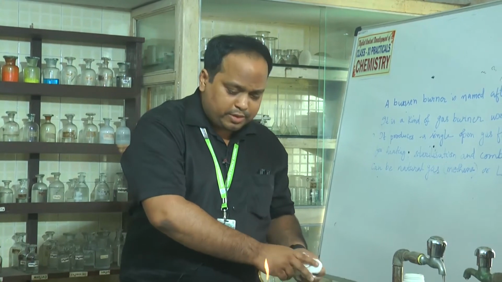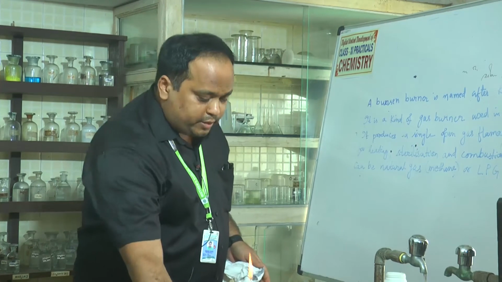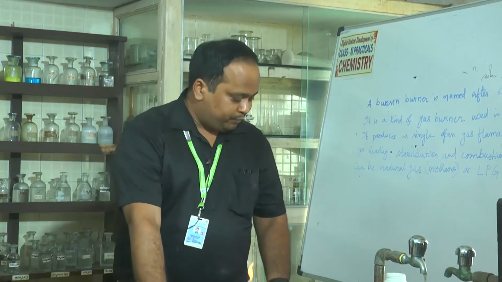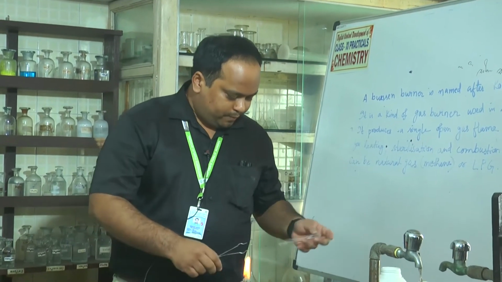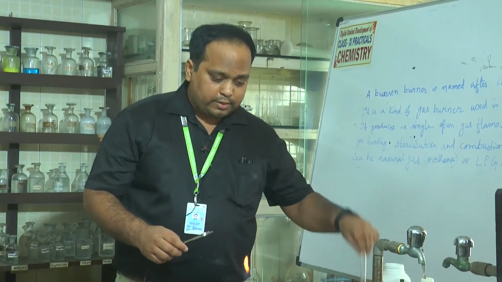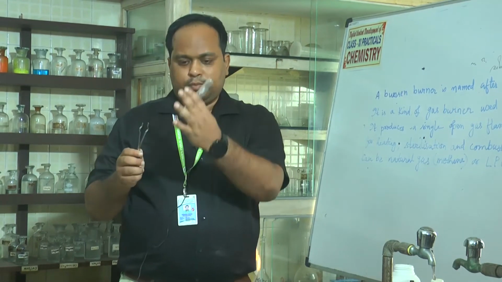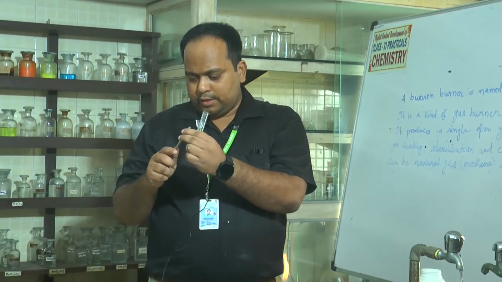Now for any salt, generally we should look at its color first. So next is the dry test tube heating. This is dry test tube heating, that is, we will take a test tube like this.